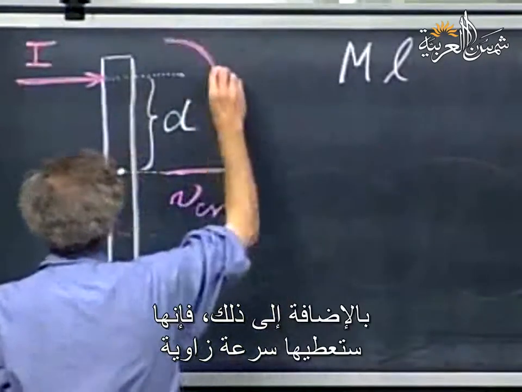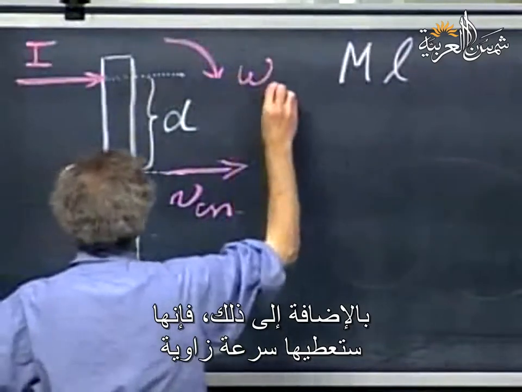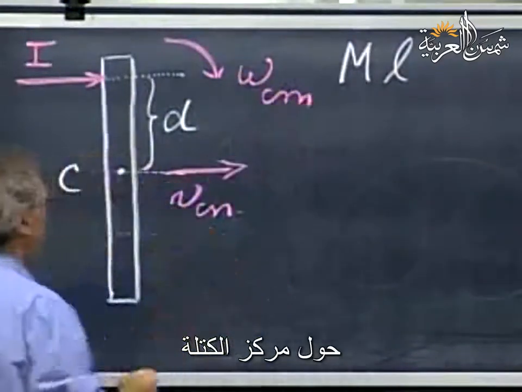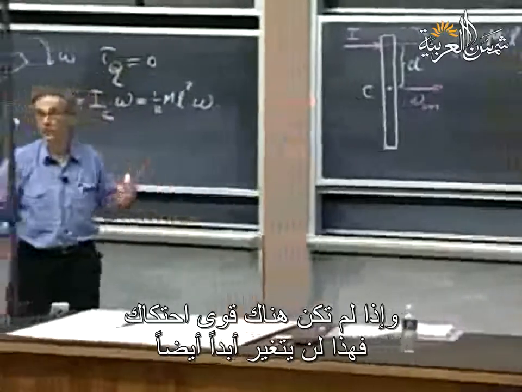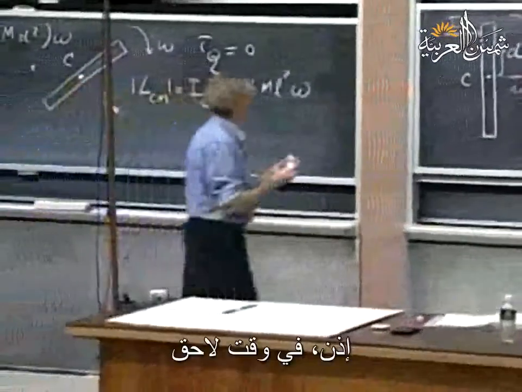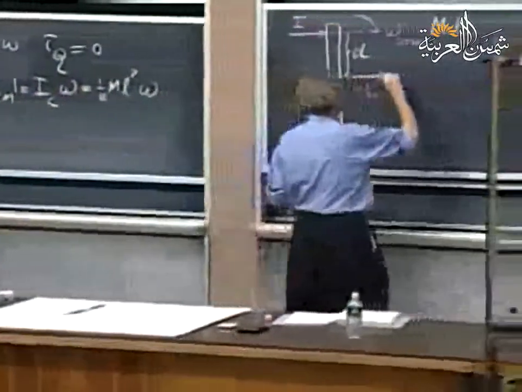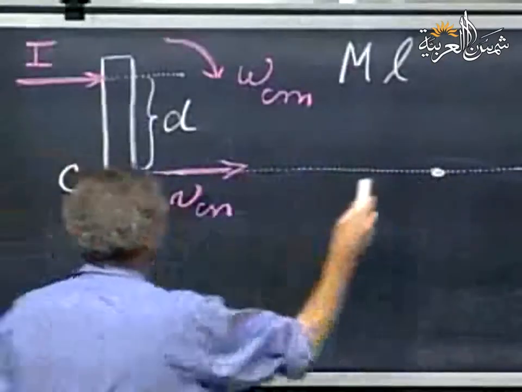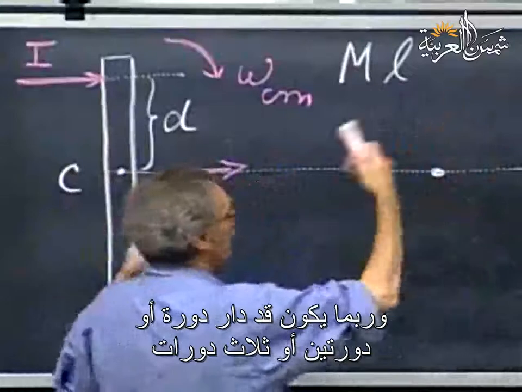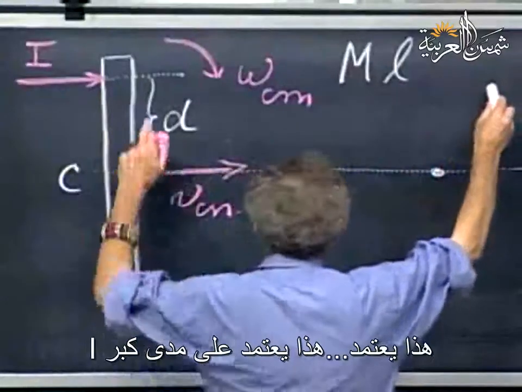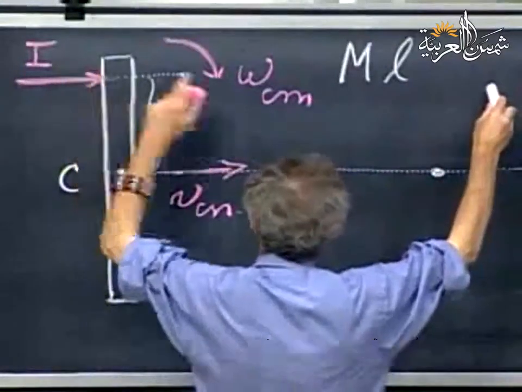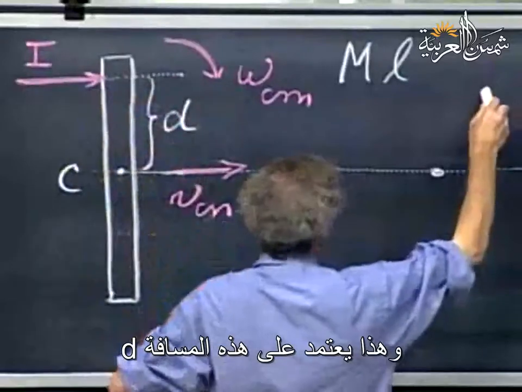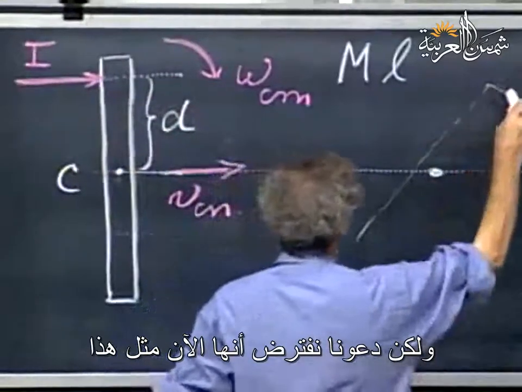In addition, it will give it an angular velocity about the center of mass, and if there is no friction, that will never change. So a little later in time, the center of mass will still be on this line, and it may have rotated 1 or 2 or 3 rotations. That depends on how large I is, and that depends on this distance d, but let's assume that it is now like so.